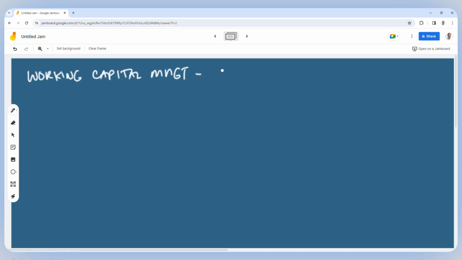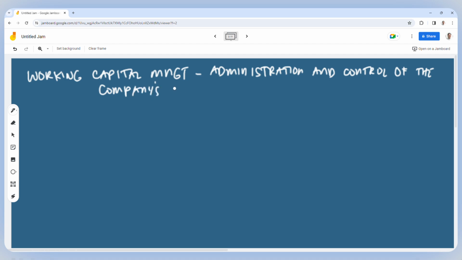Ito daw class ay administration and control of the company's working capital.